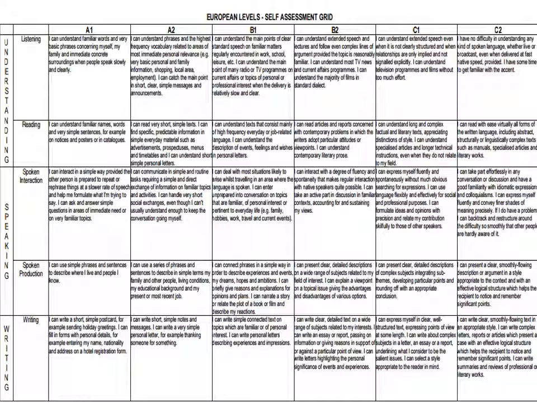In the spoken production is when the participants or the students practice the language and have a new conversation. It is when the students are able to make a conversation with others.